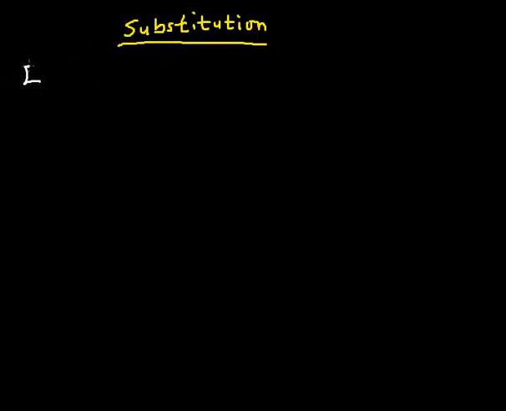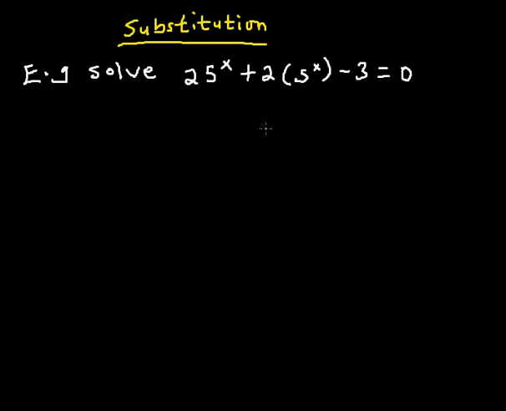Now if you see an example, a question like this: solve 25^x + 2 × 5^x - 3 = 0.